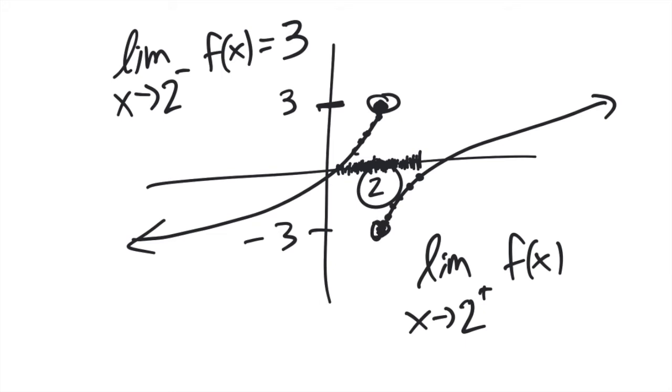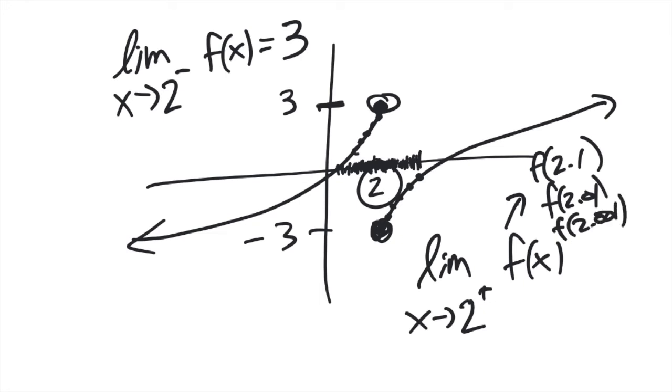Now, remember, talking about limits is different than talking about the domain. So, and we'll see this in a little bit, it actually doesn't matter that there's an open circle there. All we're asking is, what are you getting really, really close to? Okay, so this problem here is really asking what's happening as you have f of 2.1 and f of 2.01 and f of 2.001 and so on and so forth, but these are always bigger than 2, just barely.